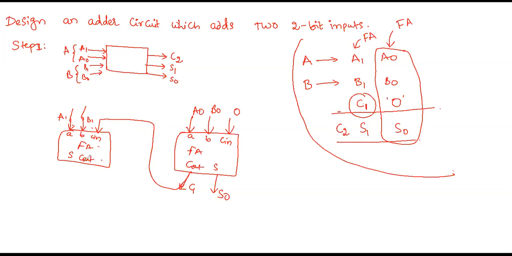So when you add A1, B1, C1, it will produce the sum S1, and it will produce the carry C out, that is equal to C2.